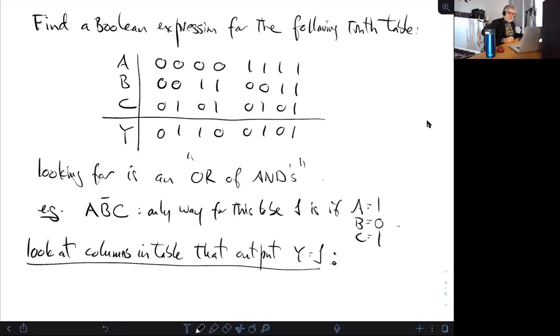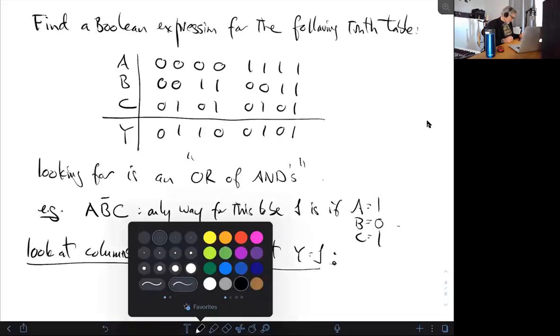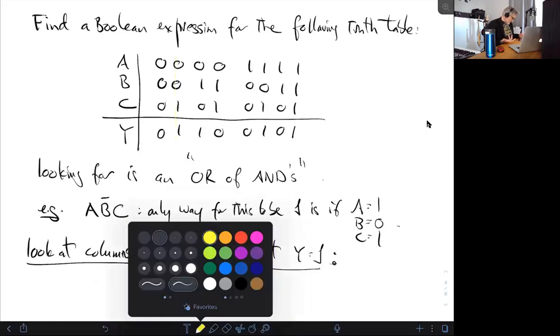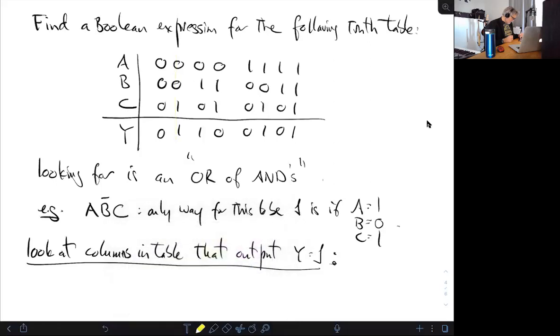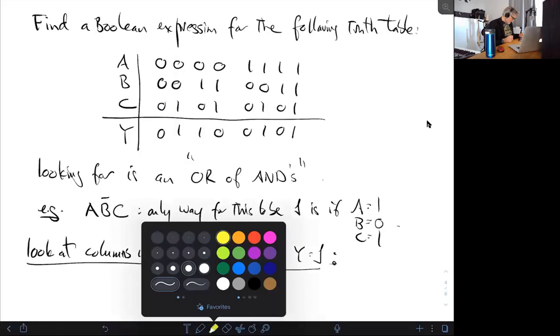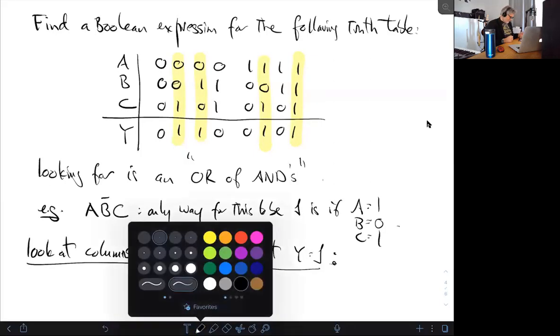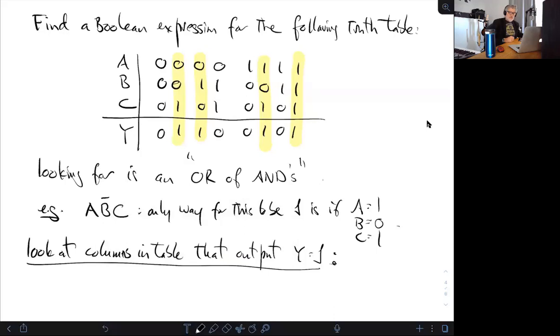Okay, so this is what you do. So you look at those columns which give you... that's not what I wanted, sorry. That's what I want. So you look at these columns.